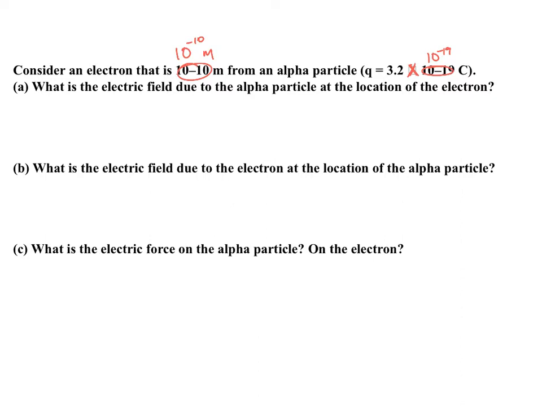The alpha particle has a relatively small charge, it's double the elementary charge, since helium has 2 protons. All right, what does the electric field do to the alpha particle at the location of the electron?